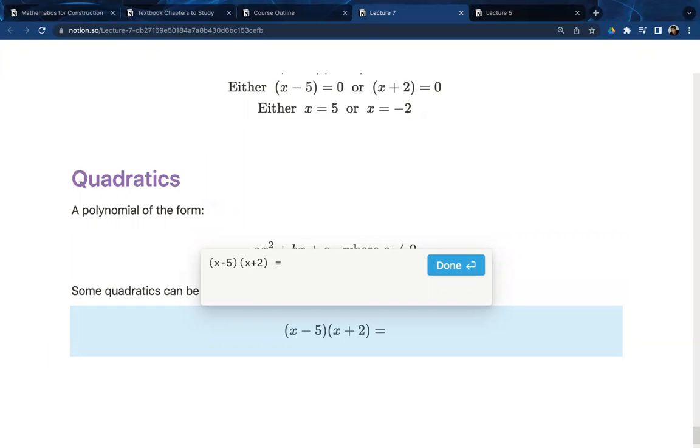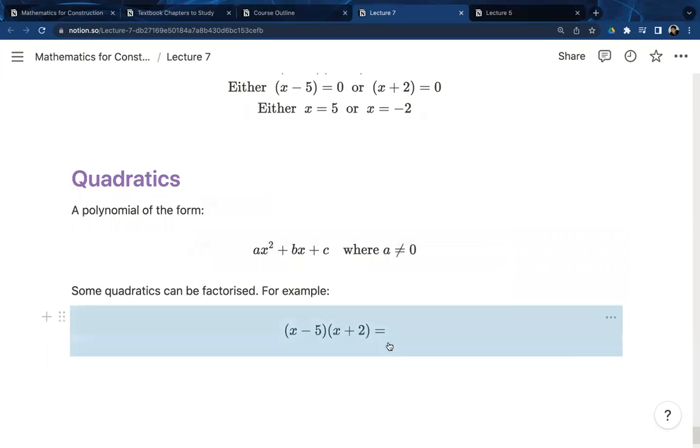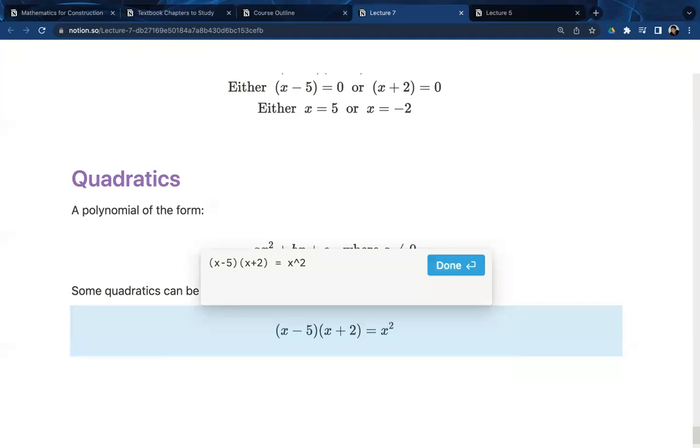Right? If we expand this out, so let's make up a polynomial. Sorry, let's make up a quadratic. Let me have 2 brackets and multiply them. What will we get? x squared minus 5x plus 2x minus 10, right?